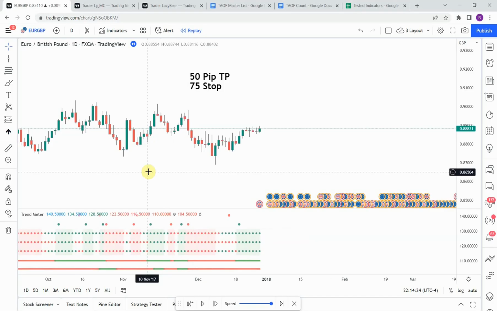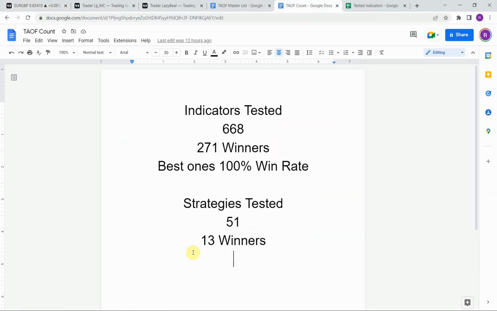Alright, as I said, today we will be testing the trend meter indicator. Before we do though, I wanted to put the testing scoreboard up for everyone to see. So to date, we have tested a total of 51 different strategies, with 13 of them being profitable. We've also tested a total of 668 indicators, with 271 of them being winners.